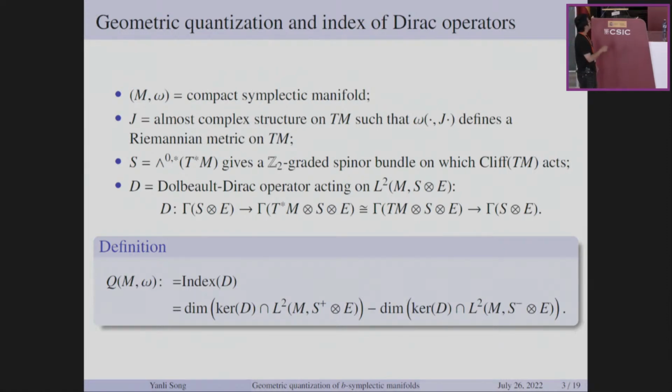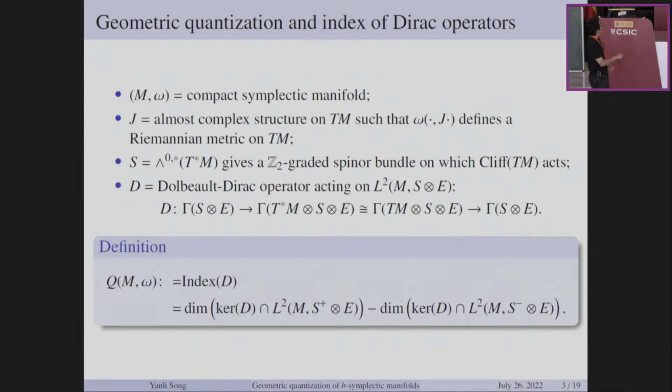It is known that this symplectic two-form gives an almost complex structure J on the tangent bundle TM. It may not be complex, it is just guaranteed to be almost complex, in the sense that J squared equals minus 1. Together with the symplectic form omega, it defines a Riemannian metric on the tangent bundle.